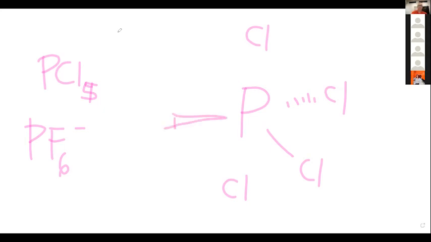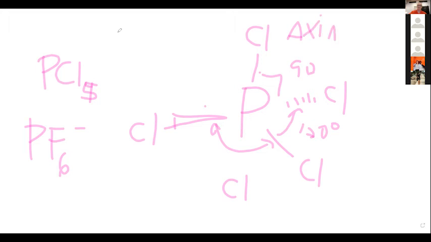There we go. So these angles are 90, and these angles are 120. This is called an axial bond, and these are around the middle, equatorial.